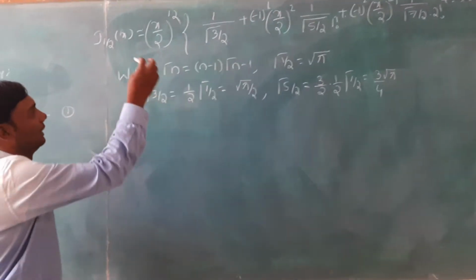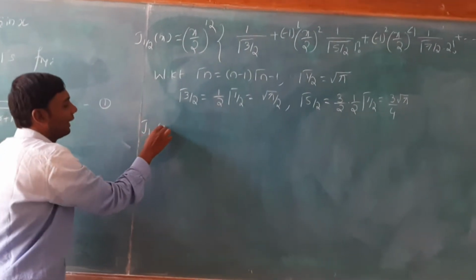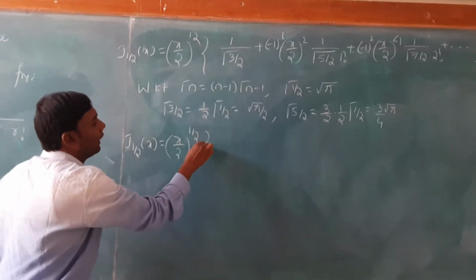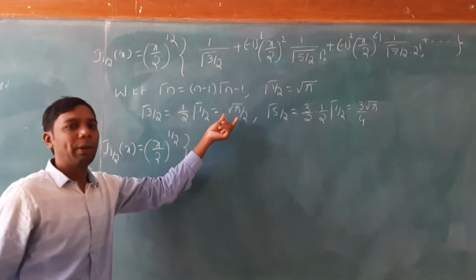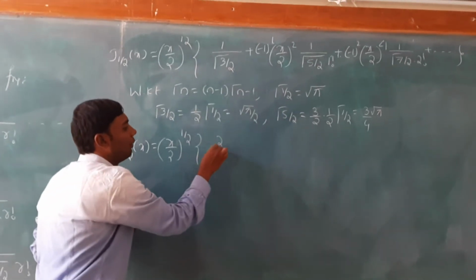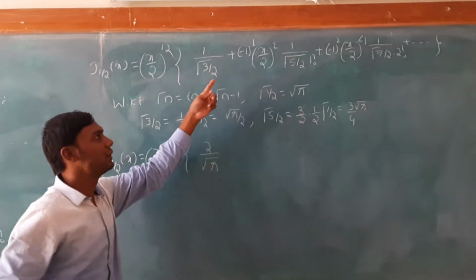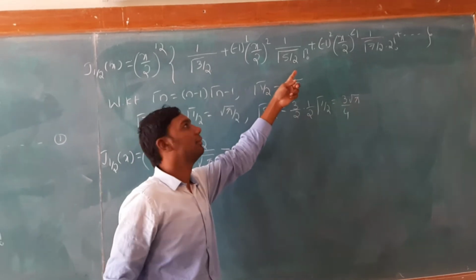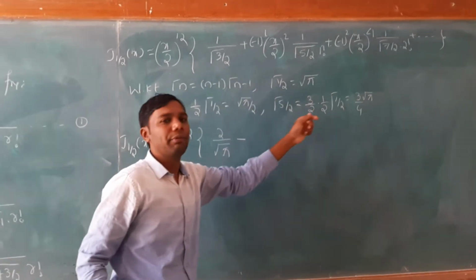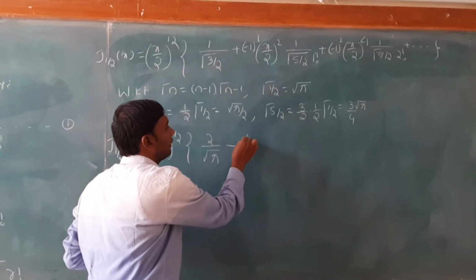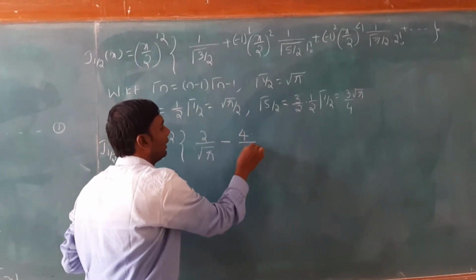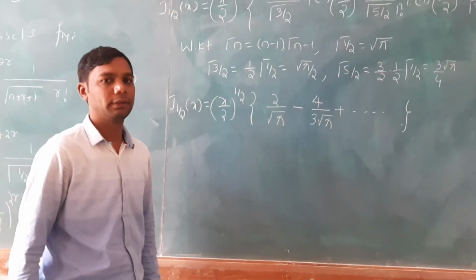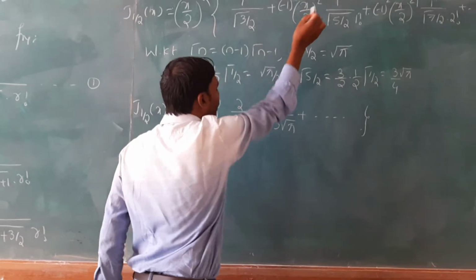Put the values in the series. We get J half of x is equal to x by 2 raised to 1 by 2 into, if you put gamma of 3 by 2 equal to root pi by 2, it becomes 2 divided by root pi. Then minus 1 raised to 1 means minus, and the value of 1 factorial is 1, gamma of 5 by 2 is 3 by 4 into root pi, so that becomes 4 by 3 root pi, plus so on. Then x by 2 whole square is there.